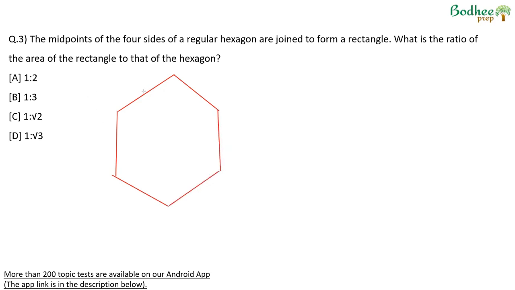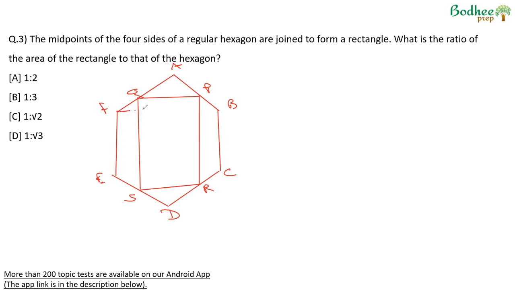Suppose this is the hexagon, we are joining the midpoints 1, 2, 3, 4 to get a rectangle. The hexagon is ABCDEF. The rectangle is PQRS. What is the ratio of the area of the rectangle to the hexagon?